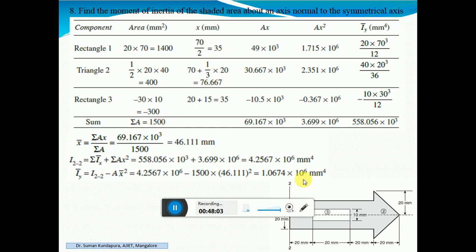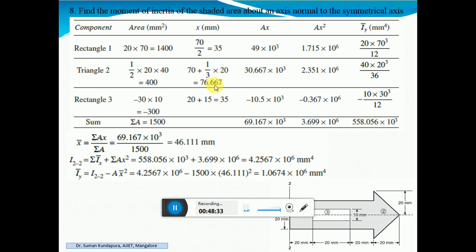Next, coming to the x distances. The x distance of this rectangle, whose whole length is 70, will be at the center, 70 by 2, that is 35. The CG of the triangle will be lying here. So from 2 to the CG of the triangle: this whole is 70, plus this distance, which is 1/3 of the depth, 1/3 of 20.